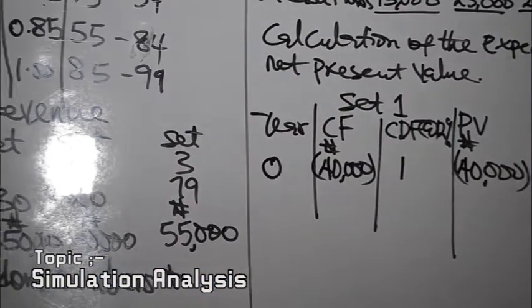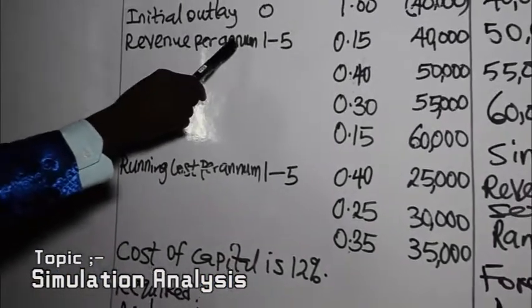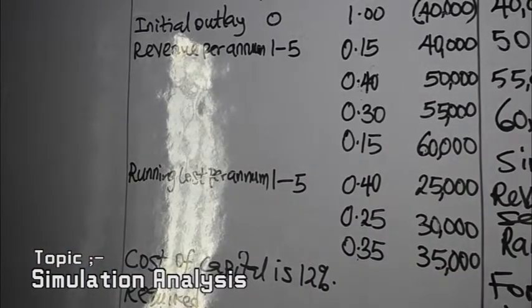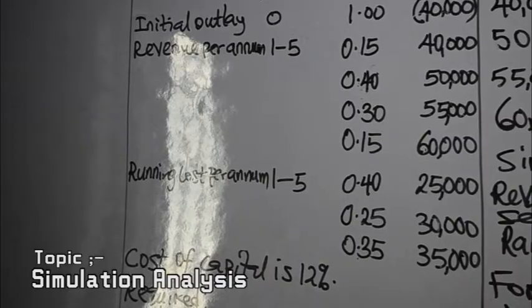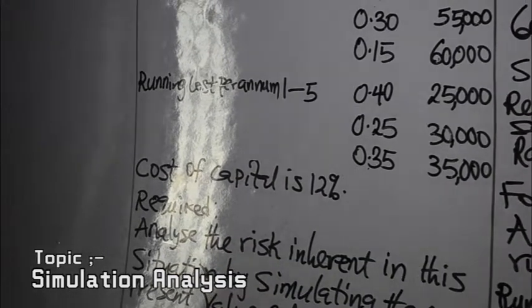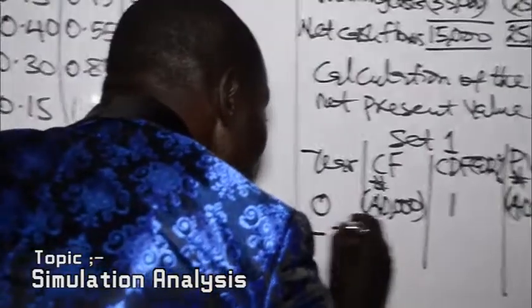Then, if you look at the cash flows, both the running cost and the revenue are for year 1 to 5. That means the cumulative discount factor you will use will be for year 1 to 5.